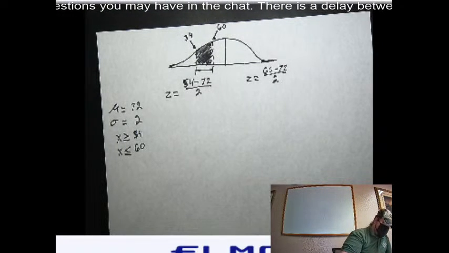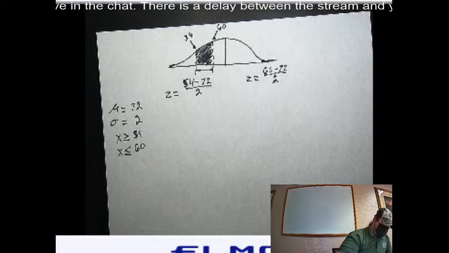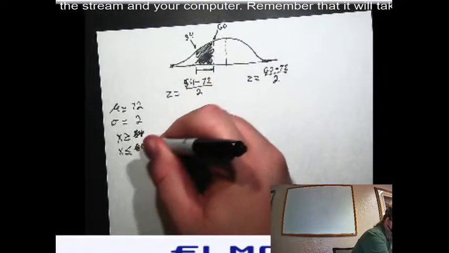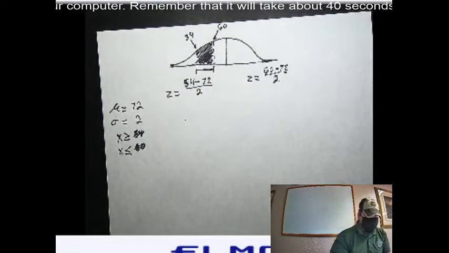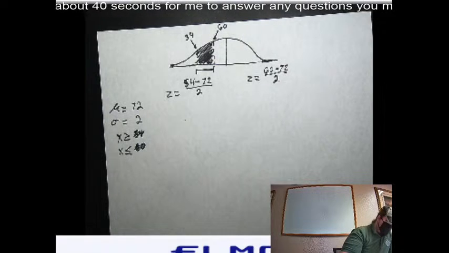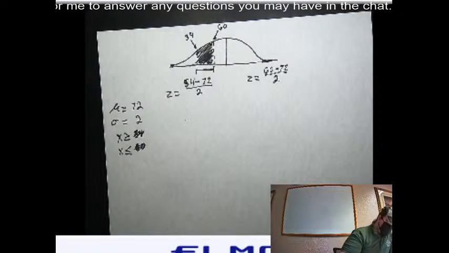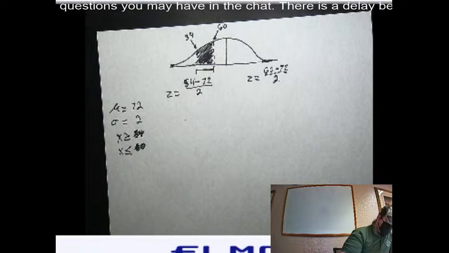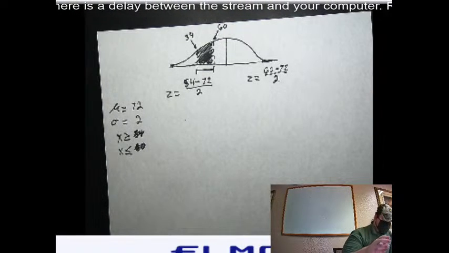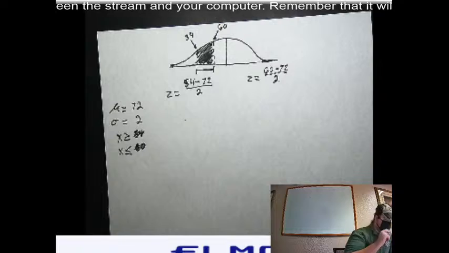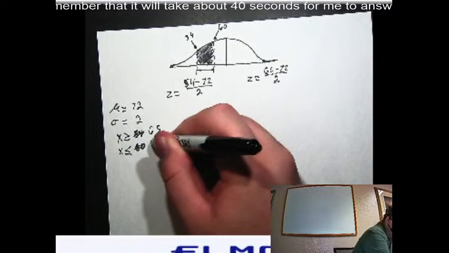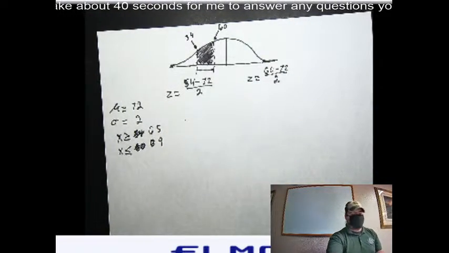Let's see. Let's do 65 and 69. Close it even more.